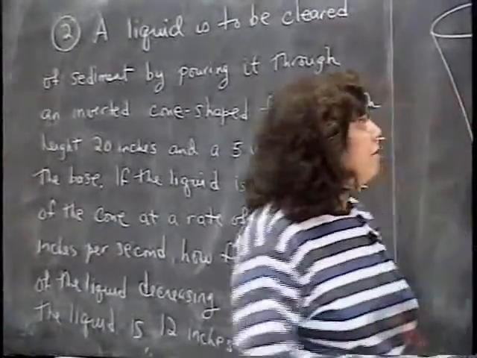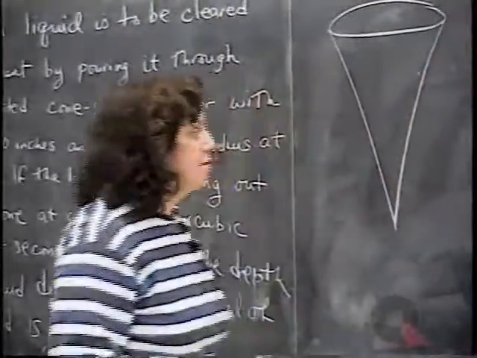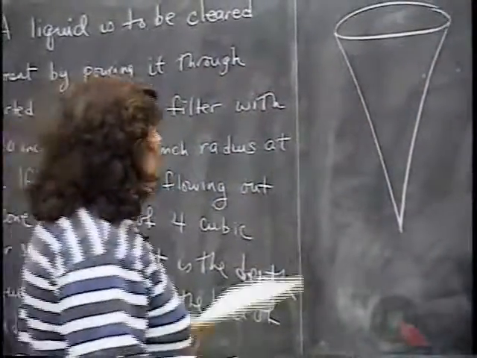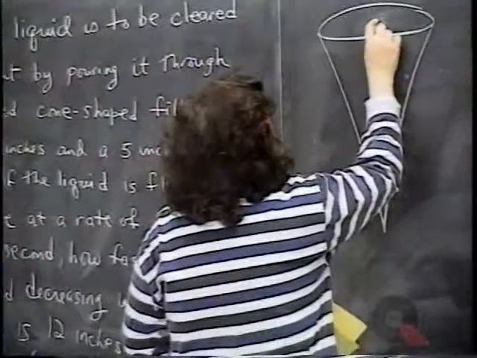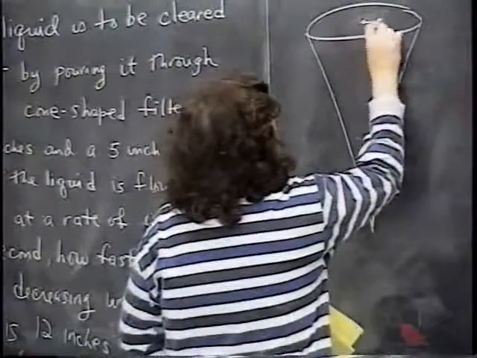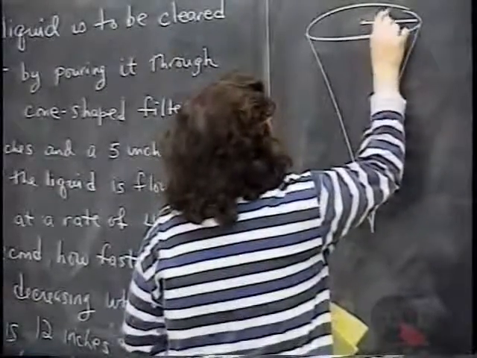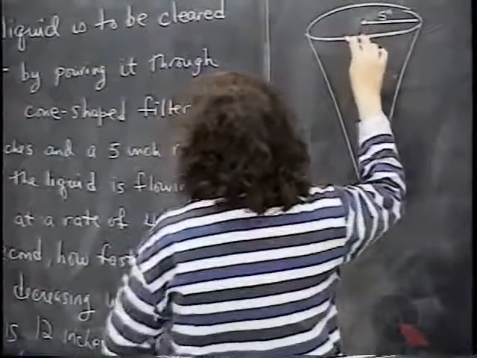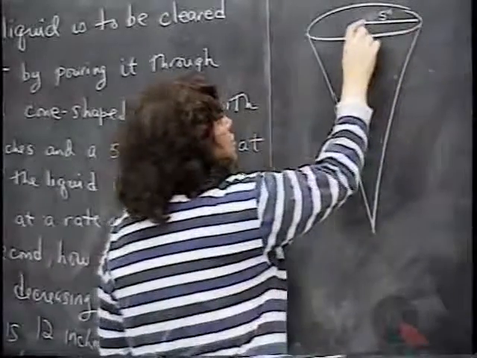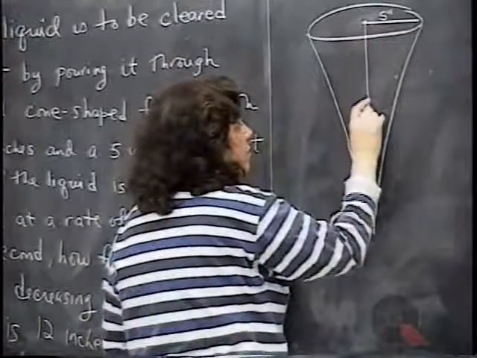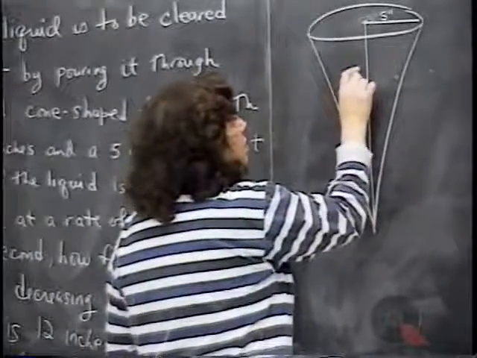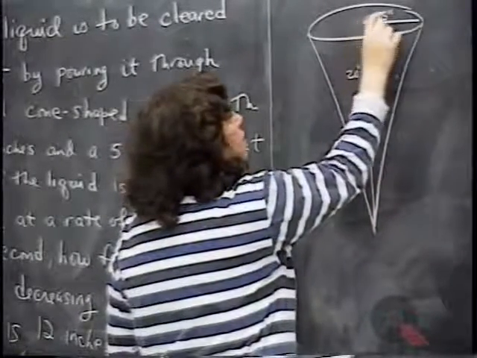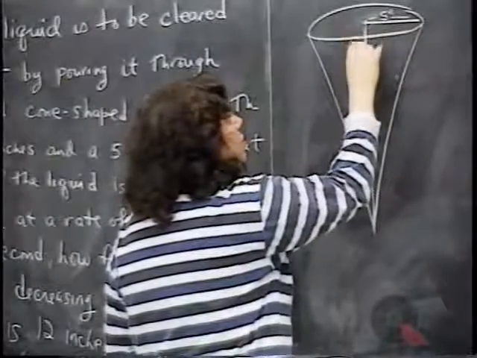So we have our inverted cone-shaped filter, with a 5-inch radius at the base and a height of 20 inches.